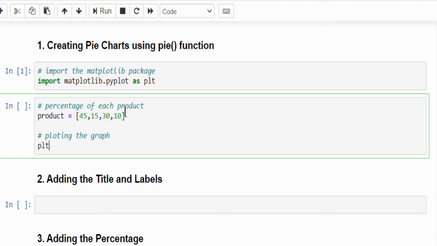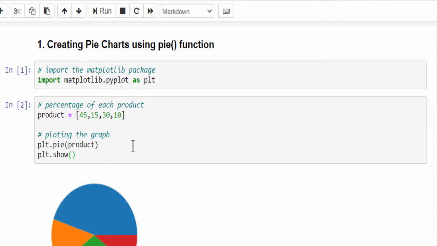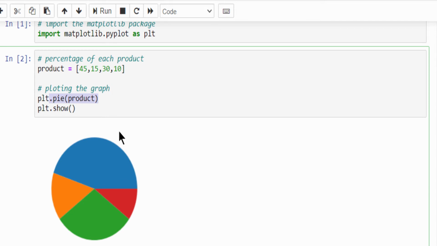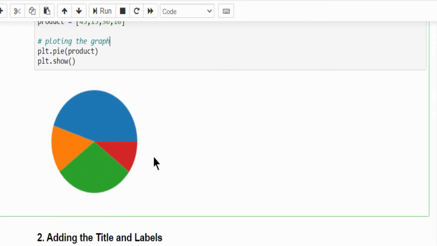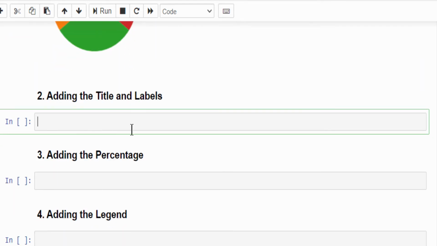Then plt dot pie. Then pass the product. Then plt dot show. Execute. So with the help of the pie method, we can generate the pie plot. But still it's not fully completed. So we can add title and labels.